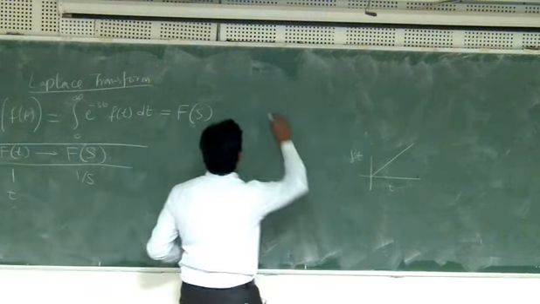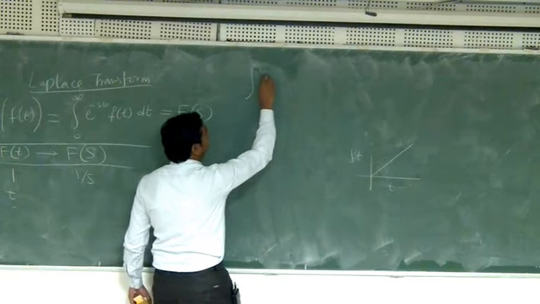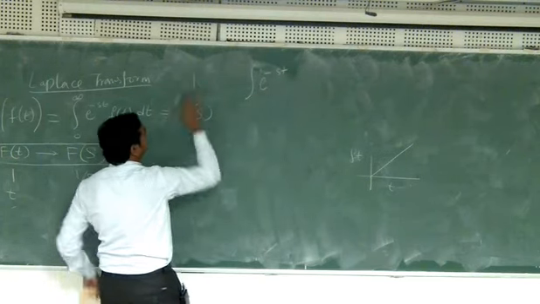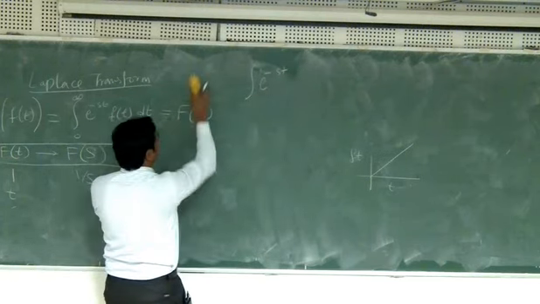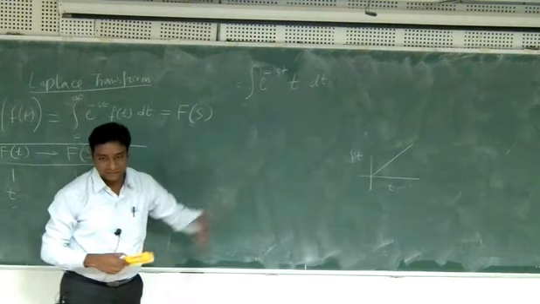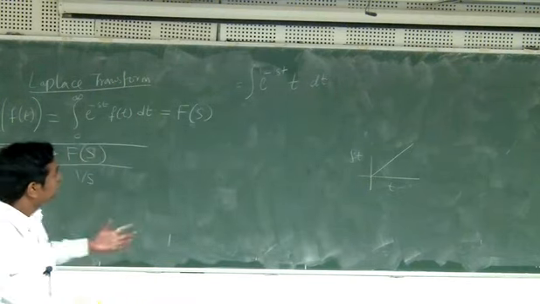So what is that? Just by definition, the integral from 0 to infinity of e to the power of minus st times t dt. So this is our standard definition of Laplace transform. So how do you do it now?